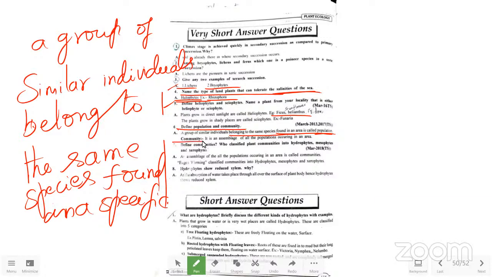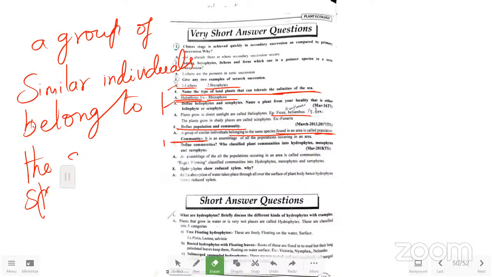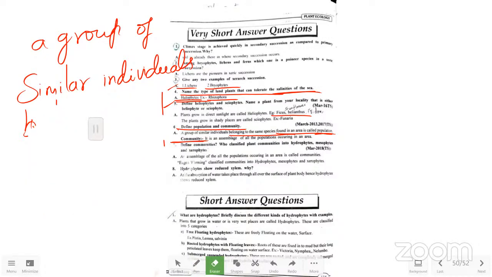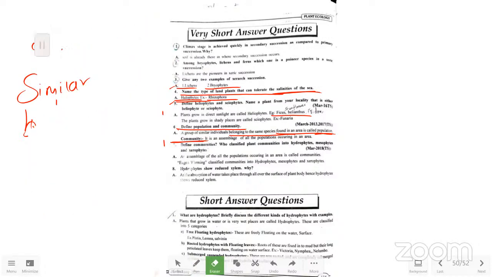Next one is the community. What is meant by community? Assemblage of the populations of different individuals is called the community. Okay, and the same thing we'll be having in the next question. Define communities. Who classified the plant communities into hydrophytes, xerophytes, and the mesophytes?